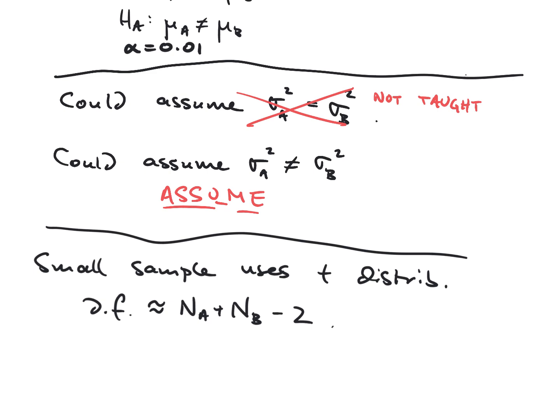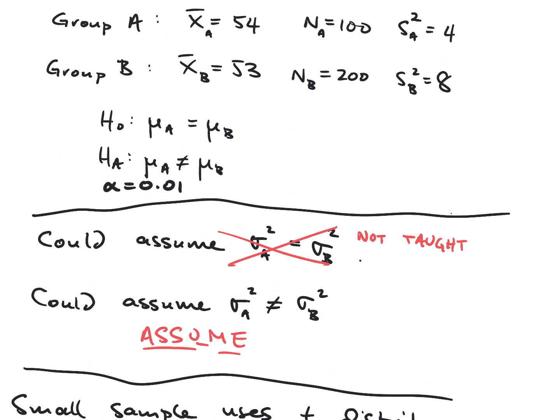There's just a small adjustment. So degrees of freedom, total number of observations minus 2. All right, so I just want to put up those considerations as well, but then return to the problem.